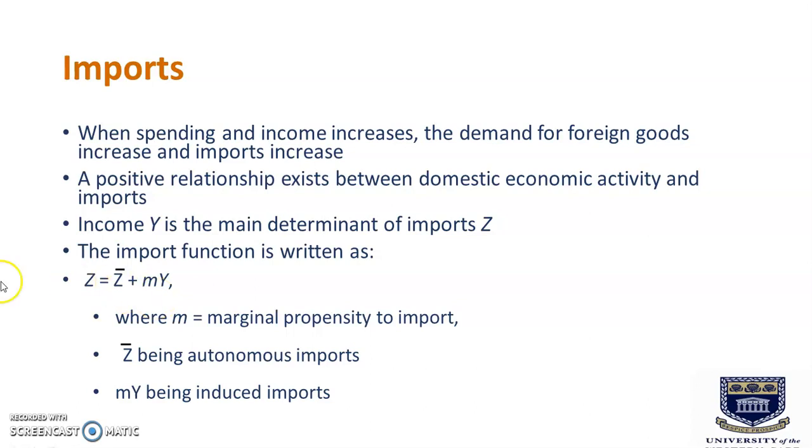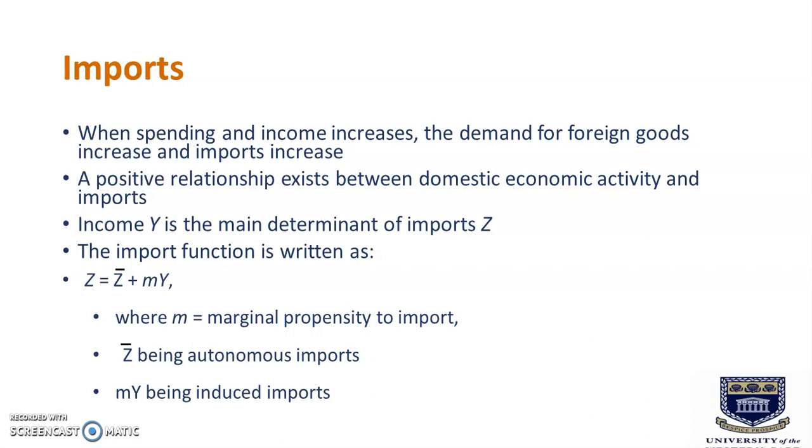Thus, the import function is given by Z, referring to total imports, is equal to autonomous imports plus the induced imports, or the marginal propensity to import multiplied by Y. So the M indicates the fraction of any increase in domestic income that is spent on imports.